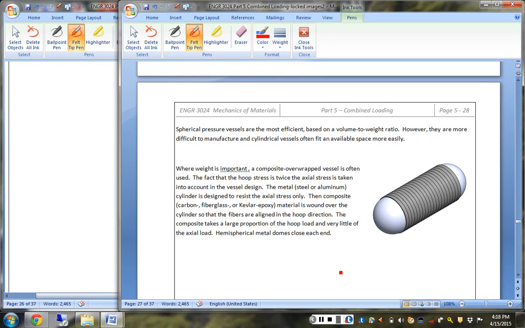Why is it 2 times? The math worked out, but why? Because of the geometry that you've got, the way the forces distribute, when you've got the circumferential slice versus spreading things out over that hemisphere shape as opposed to a planar shape.